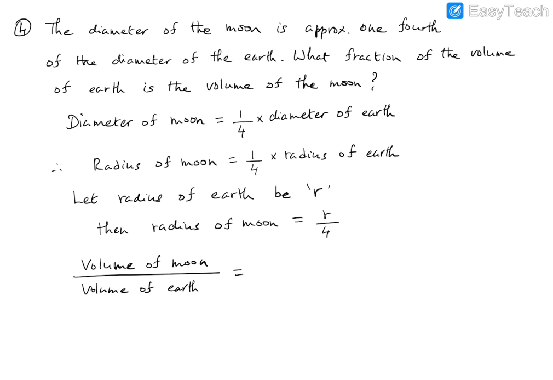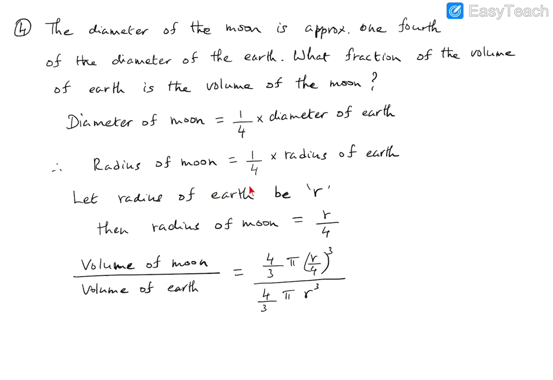Both are spherical shapes, so the formula is 4 by 3 pi r cube. For the moon, the radius value is r over 4, so it will be r over 4 cube. The whole thing is divided by the volume of earth, which is 4 by 3 pi, and the radius of earth, we have taken it as r, so it will be r cube. So basically we have substituted the radius of the moon and the radius of the earth in the corresponding expressions for the volume of the moon and the volume of the earth.